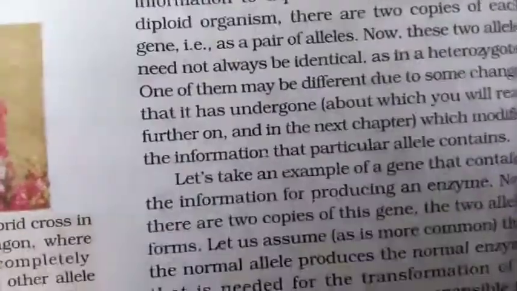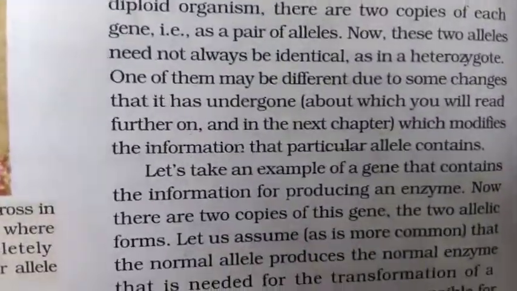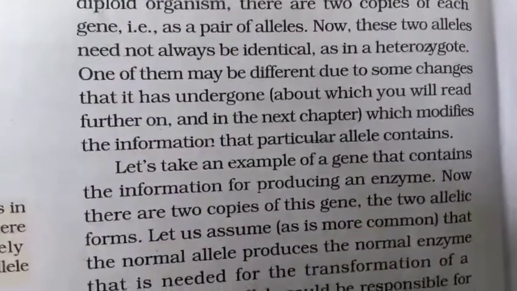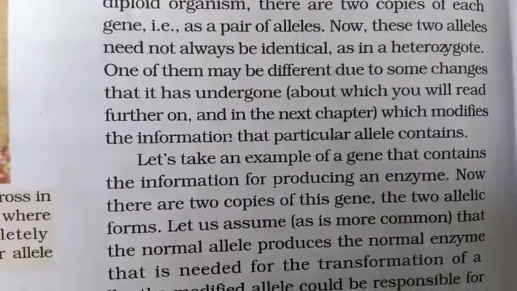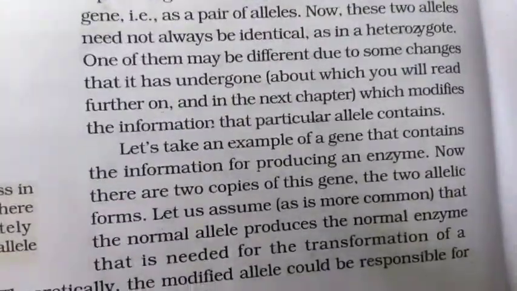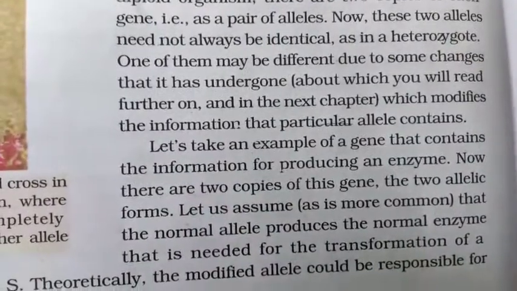In diploid organisms, there are two copies of each gene, that is, a pair of alleles. Now these two alleles need not always be identical, and here comes dominance and recessiveness into play.